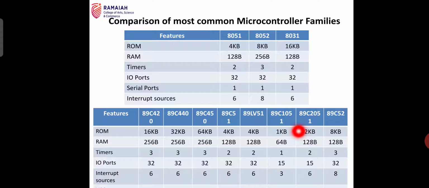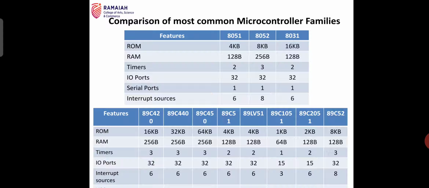If your program is large, then you can go for the 89C450 Atmel family, because it has 64 kilobytes of ROM, that is, program memory size is very high. Therefore you can go for this family, so you can build any module of applications by selecting a suitable microcontroller family.